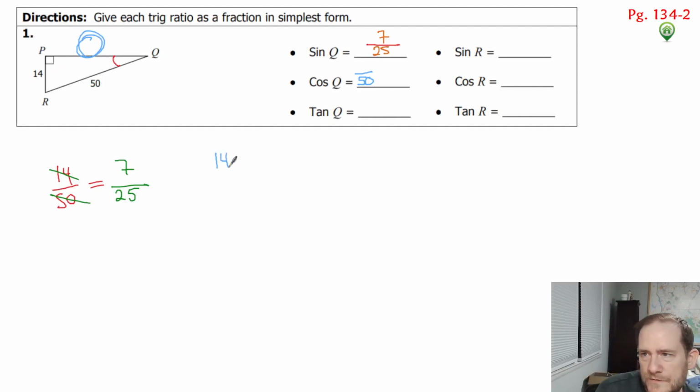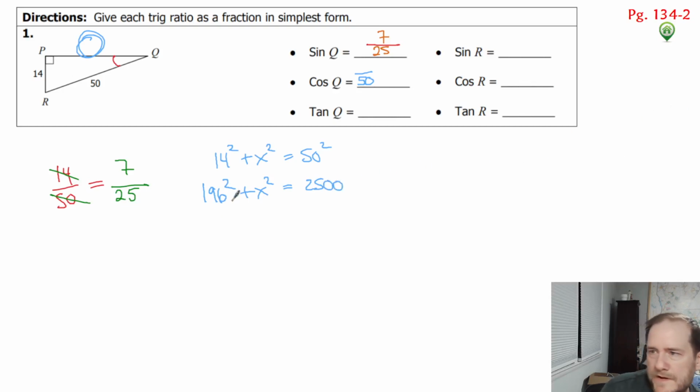So you'd have to do 14 squared plus x squared equals 50 squared, which means 196 plus x squared equals 2500. Oops, I should not have written 196 squared. It's just plain old 196. And then to get x alone, we're going to subtract 196 from both sides.